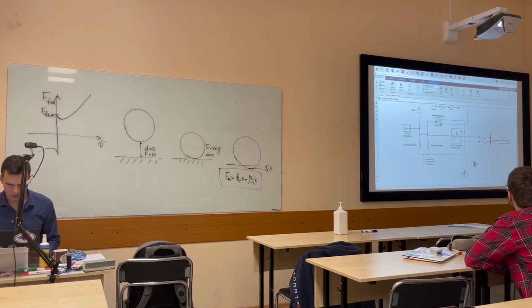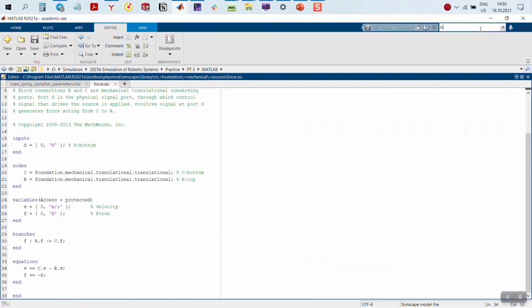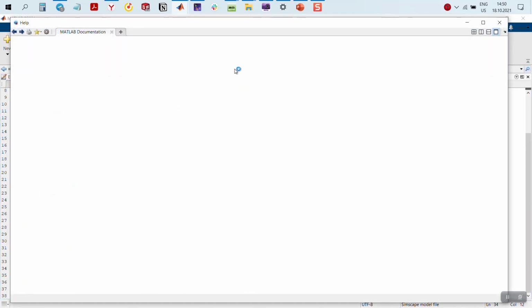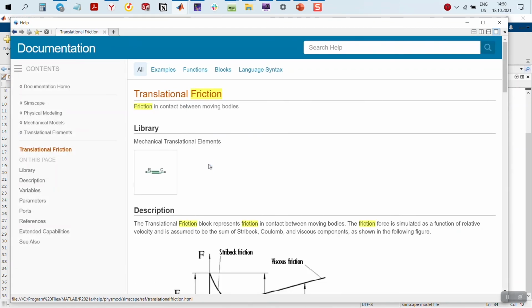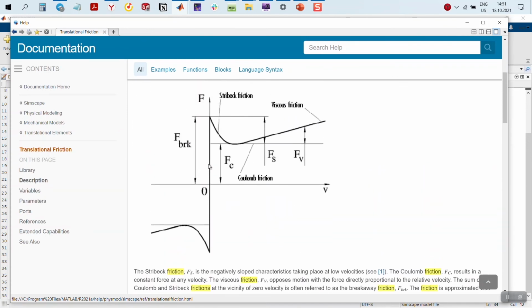So let us consider the documentation. Yeah, so I will write here friction. For example, translation friction. It's the Simscape block that models friction, and you can see exactly the same graph that I just wrote.